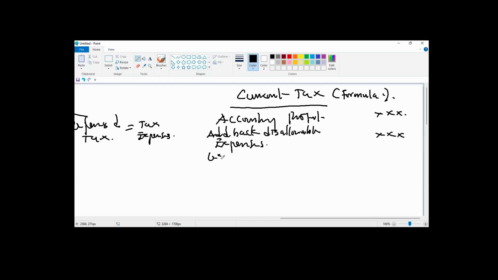I will now less allowable expenses, sorry. To get taxable profit, I will less allowable expenses, all the allowable expenses, such as capital allowance, and not taxable revenue. I will less that.